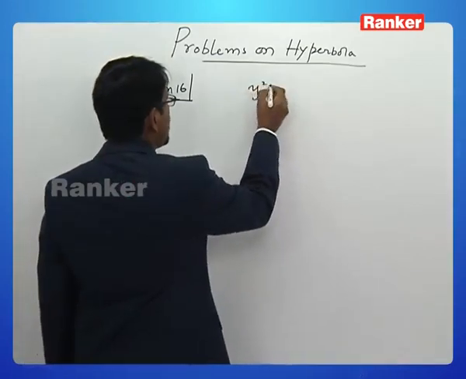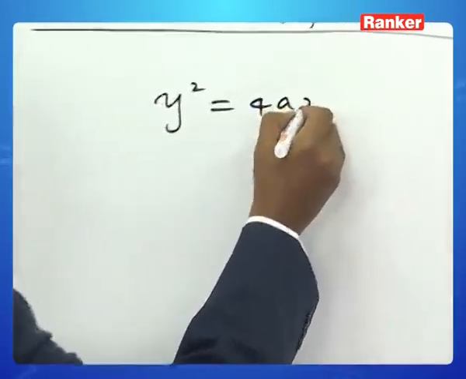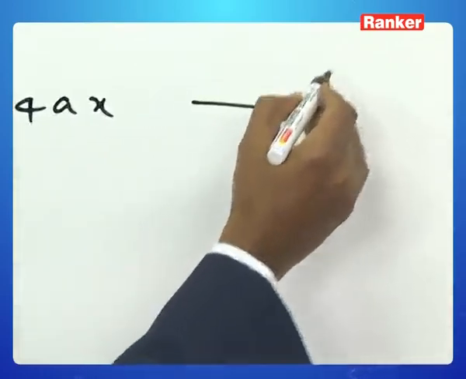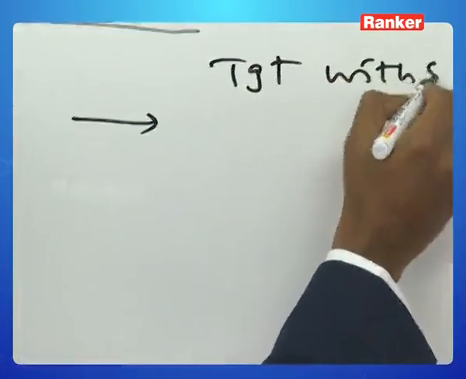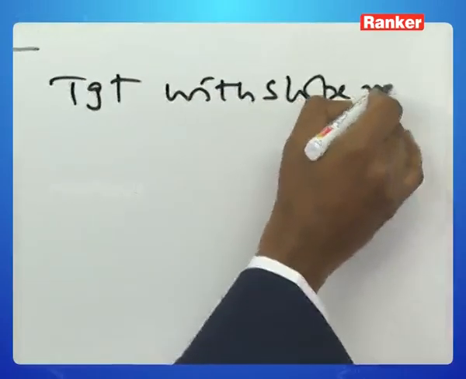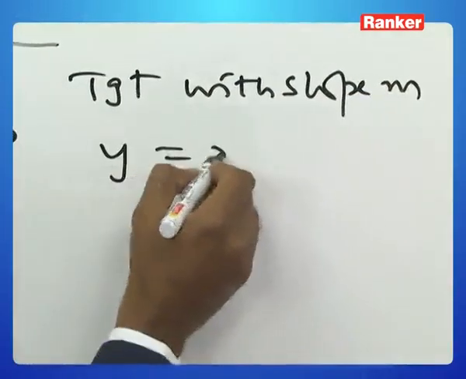For the parabola y square equal to 4ax, a tangent with slope m is y equal to mx plus a by m.